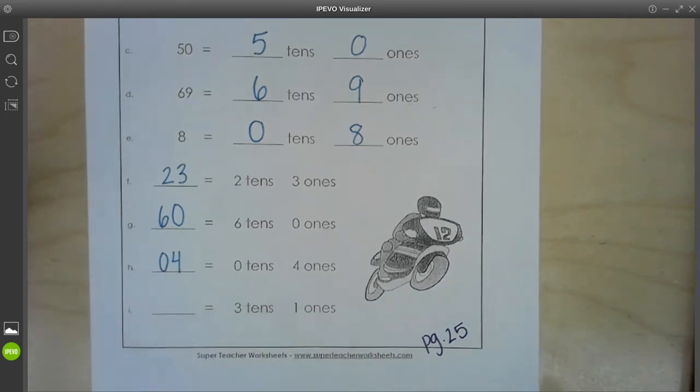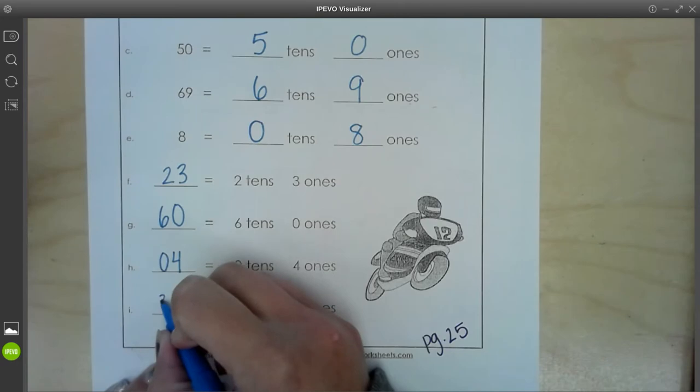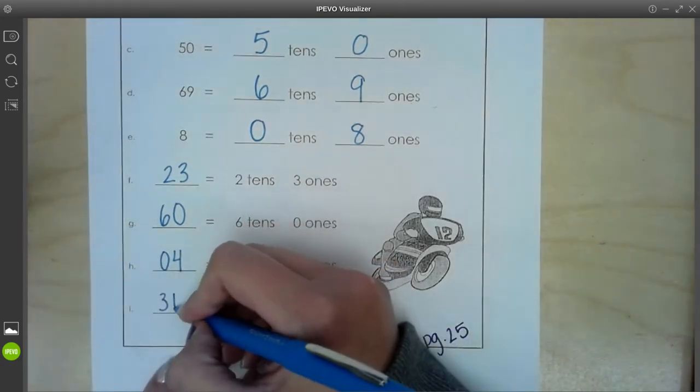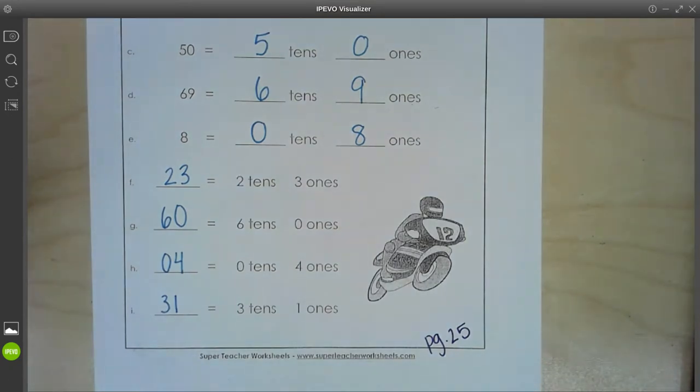And our last one here at the bottom says 3 tens, 3 in the 10 spot, and 1 one, 1 in the 1 spot. So 3 tens and 1 one gives us the number 31.